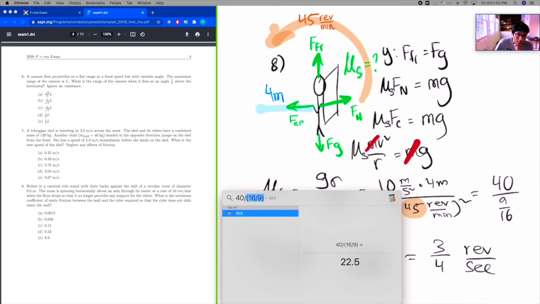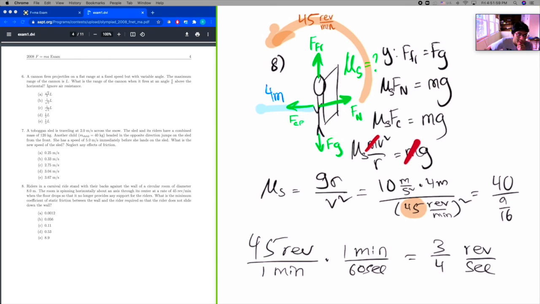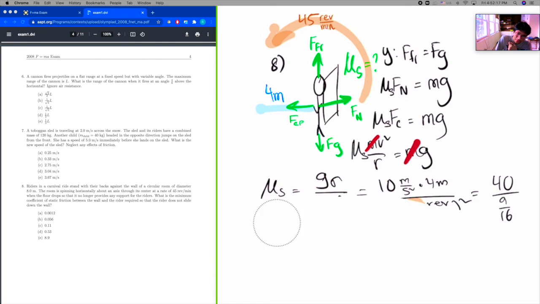Of course, the coefficient of friction can't be greater than 1. So choice E is definitely not possible. What could I have done wrong? Did I use the correct radius? Yes. V squared over R. Did I even derive the formula correctly? Let's start over with that.